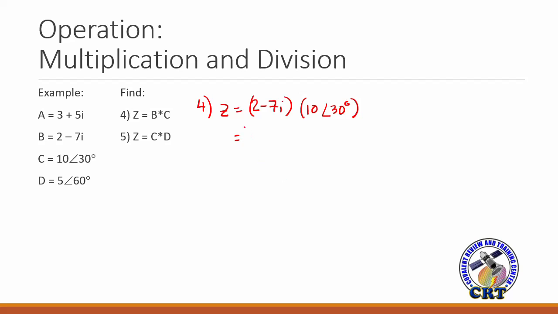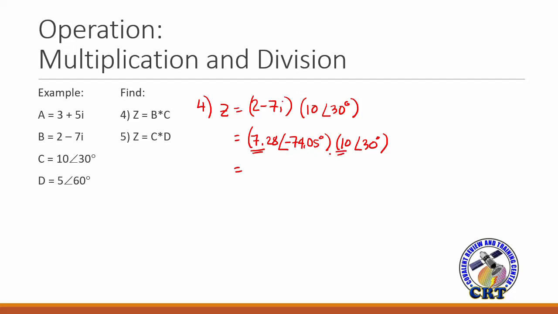So this is equivalent to 7.28 angle of negative 74.05 degrees times 10 angle of 30. Then you have to multiply 7.28 and 10.